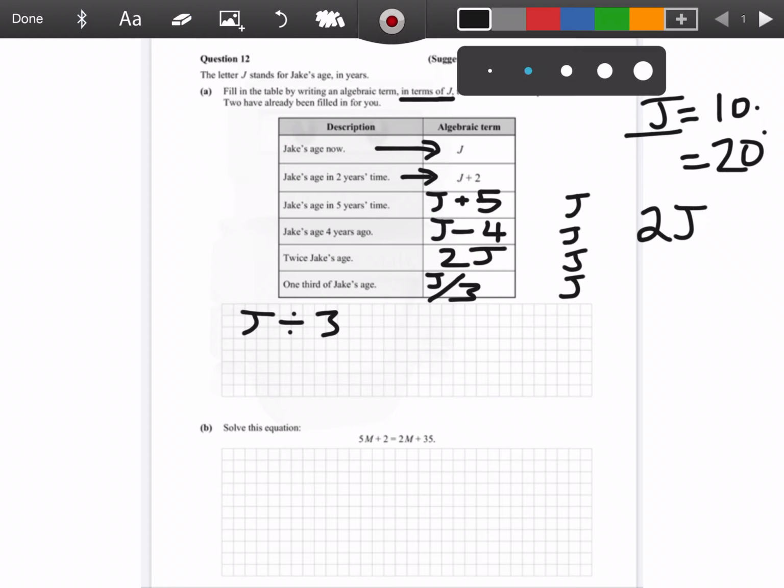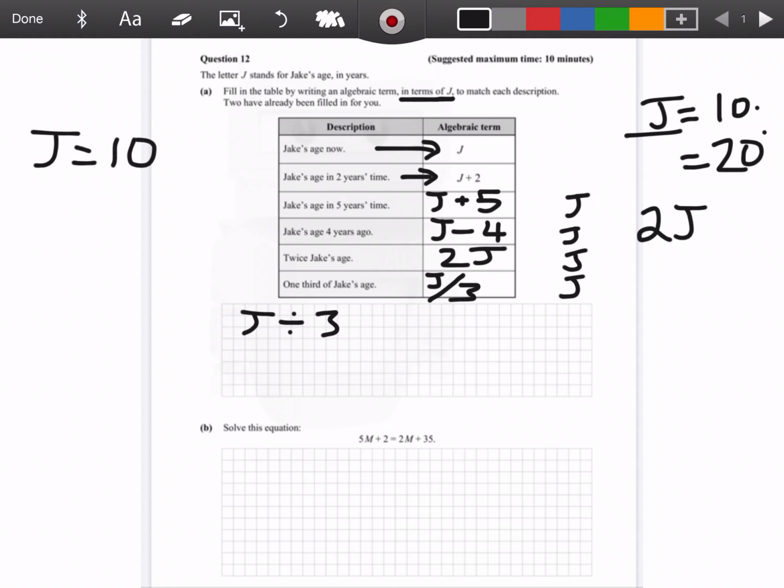So if J is 10 years old, 1/3 of Jake's age would be his age over 3, wouldn't it? So it's J divided by 3, or J over 3. So that's what I've put into that bottom box there, okay? So that's part A done.